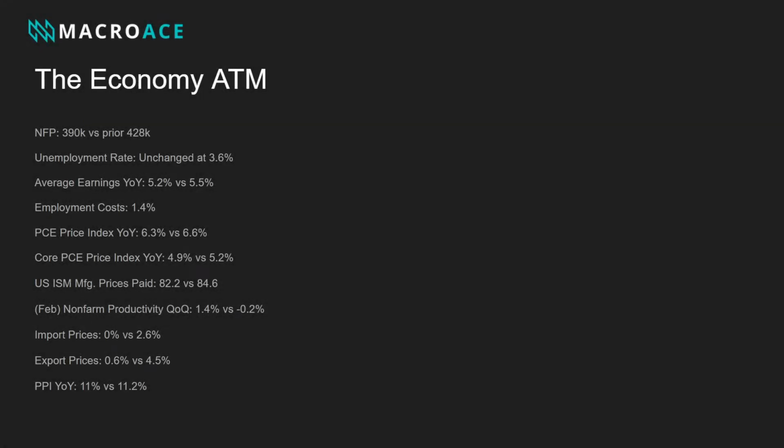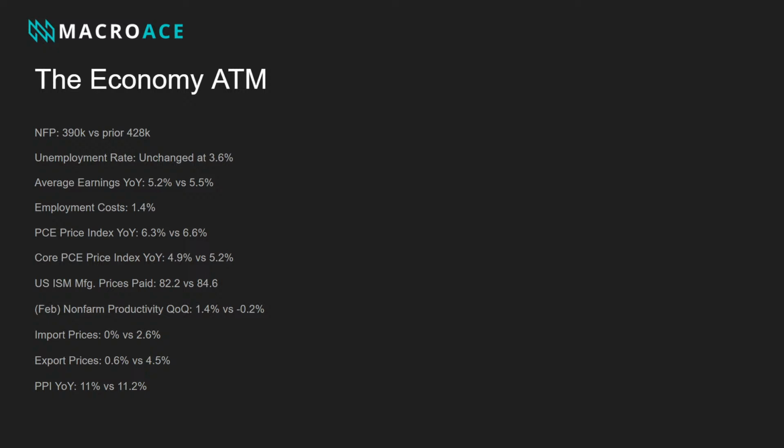So the economy at the moment, so non-farm payrolls figure below the prior at 390k. Unemployment rate was unchanged when traders and economists were expecting it to decline by 0.1% to 3.5%. Average earnings year on year at 5.2% versus 5.5%.